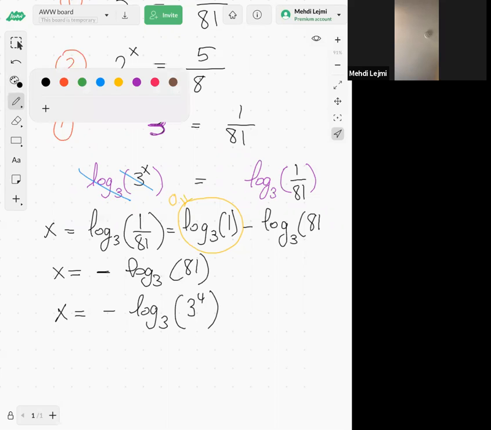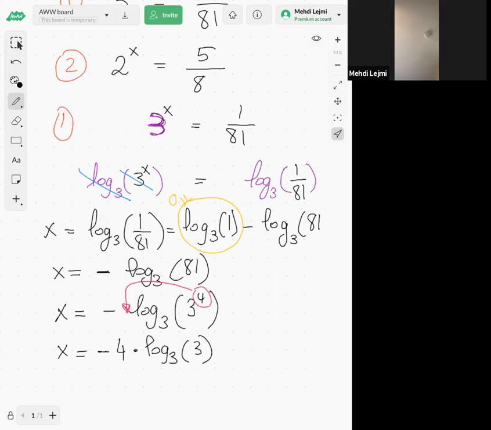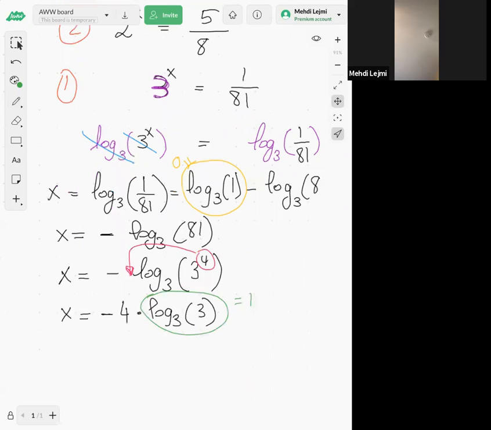So you can bring down this power 4 in front of the log, so x would be minus 4 times log in base 3 of 3. But log in base a of a is always 1. So that's negative 4 times 1, and so x is negative 4.